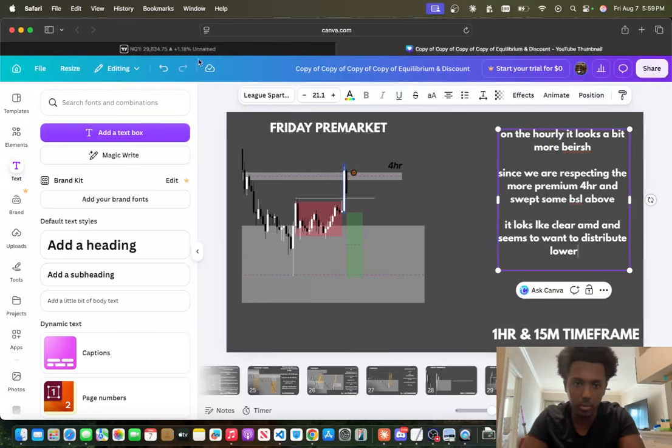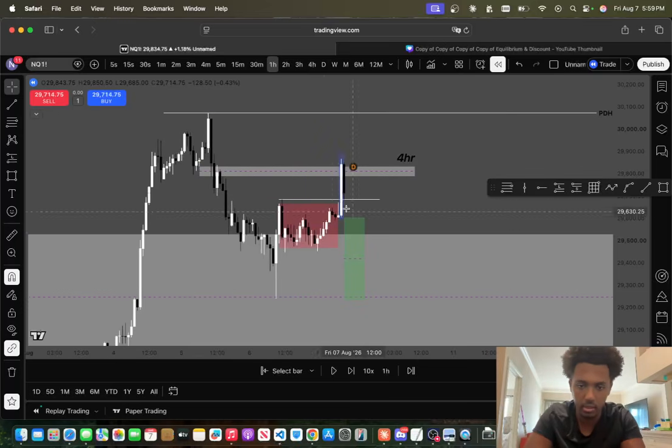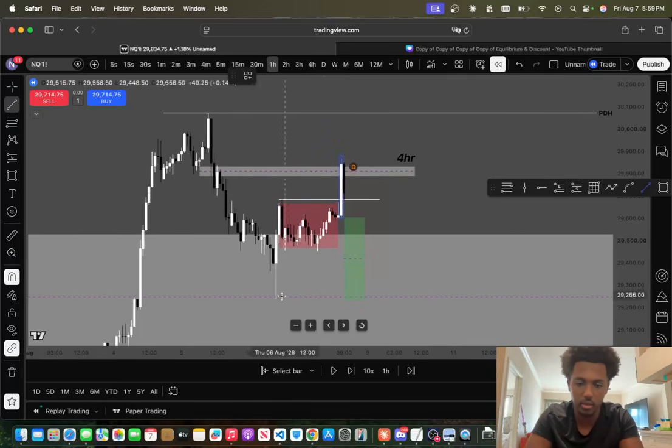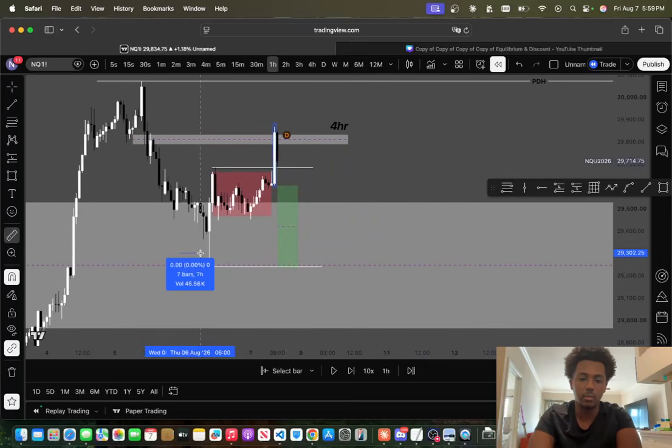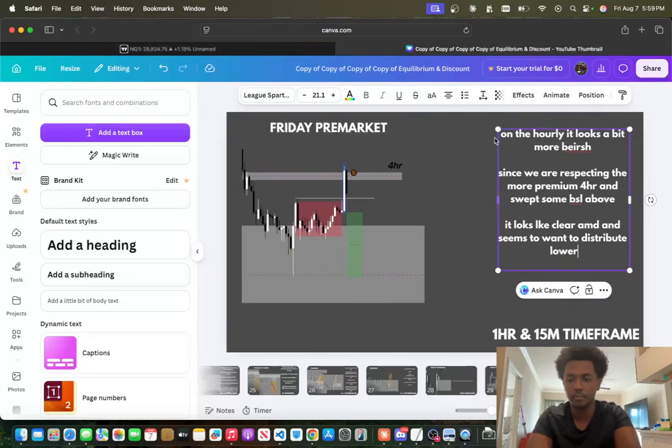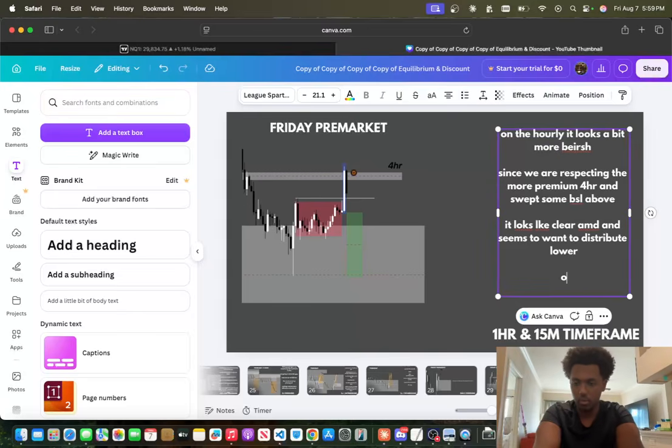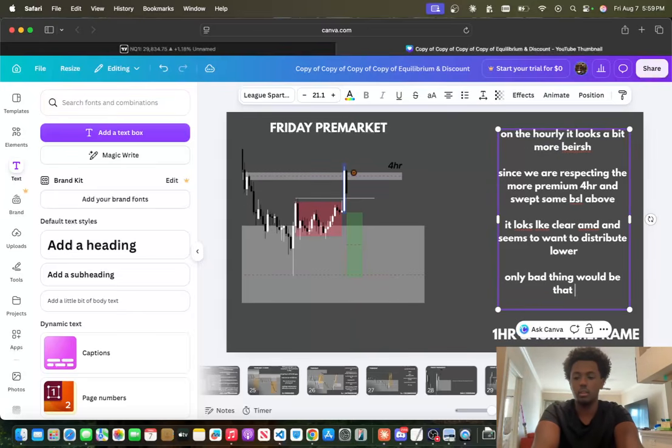Right, pretty simple. It just looks like some AMD, right? And we have this sell side low to target. The only thing is that this would be a high resistant low, right? Only that it would be a high resistant low target.